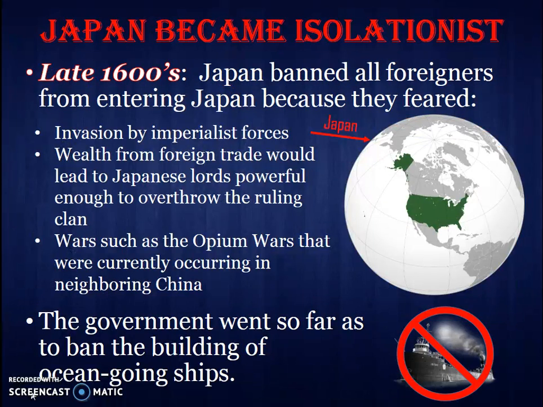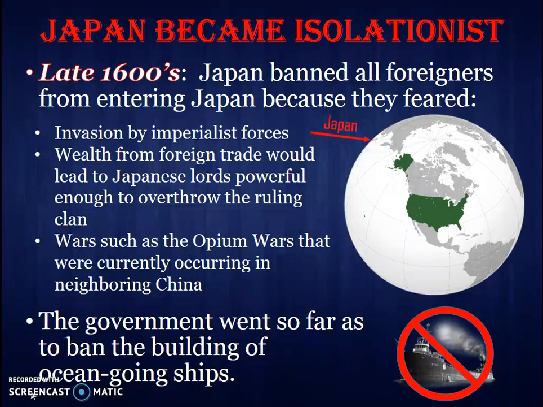In the late 1600s, Japan became an isolationist nation, which means they opposed interaction with foreign countries. Now, no country is 100% isolationist. It's very, very difficult to do that in the modern world. However, Japan took this policy very seriously, and they put a number of things in effect to maintain that.